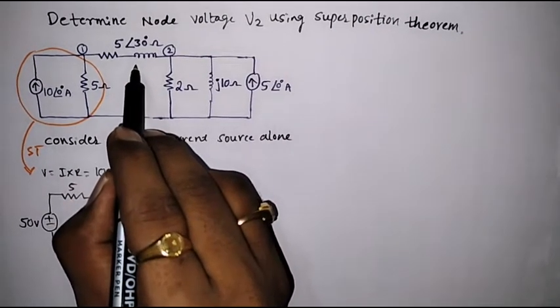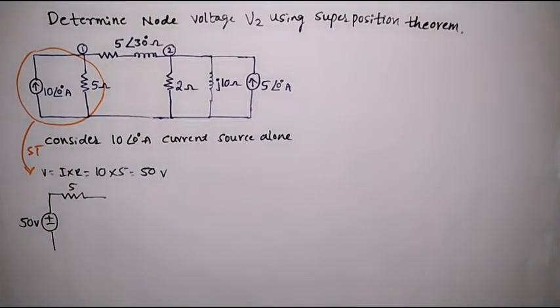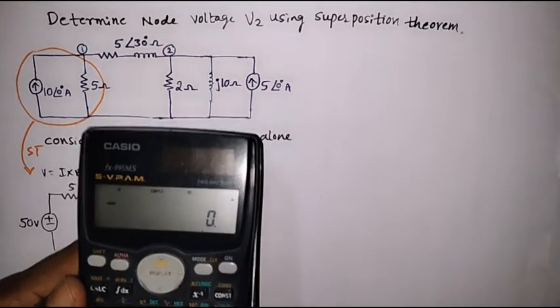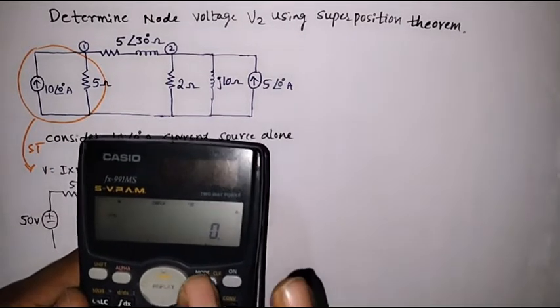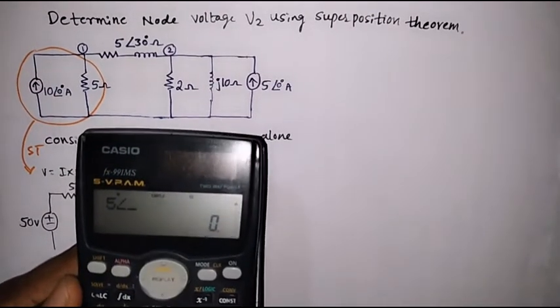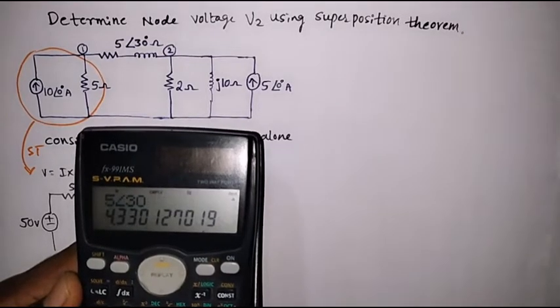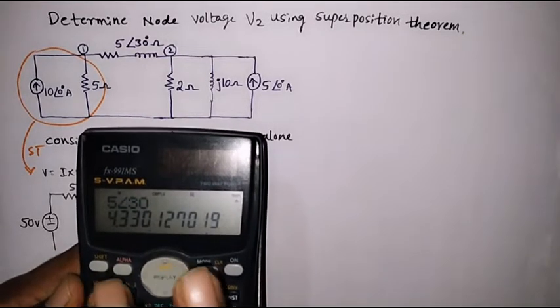resistor and inductive reactance is given in polar form. We'll represent it in rectangular form. That is, keep the calculator in complex mode. Just type 5 angle 30, just press equal. It gives the result in rectangular form, that is 4.33.